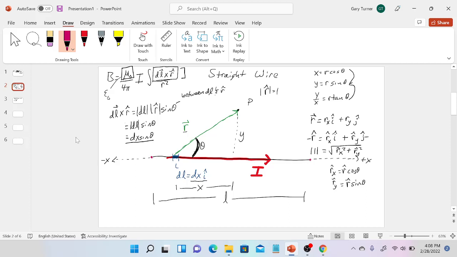So I translate all of my quantities into angles, and I would define this as theta minimum and this as theta maximum. Actually, let me rephrase that.